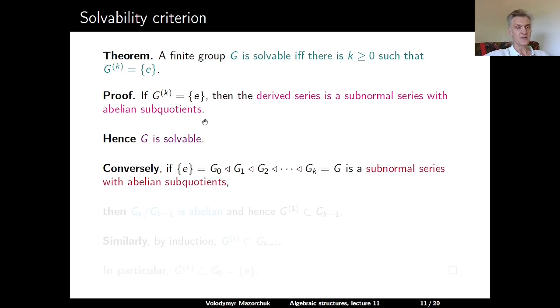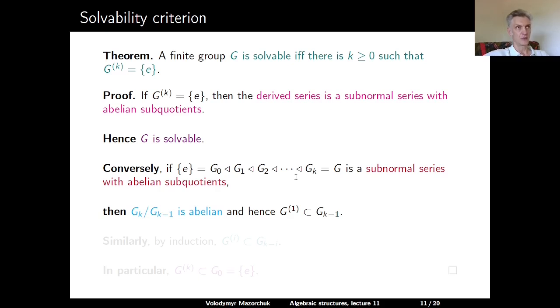Conversely, assume that our group G is solvable and take some subnormal series with abelian subquotients. Then, in particular, the quotient of G modulo G k minus 1 is abelian.